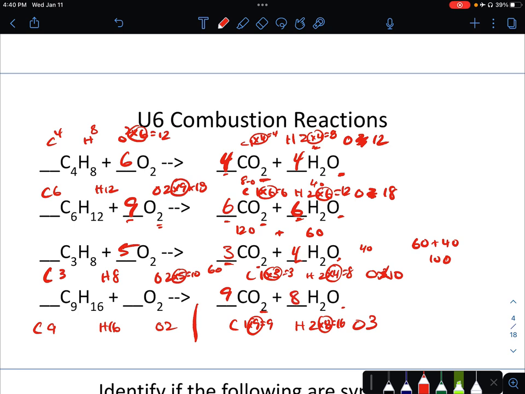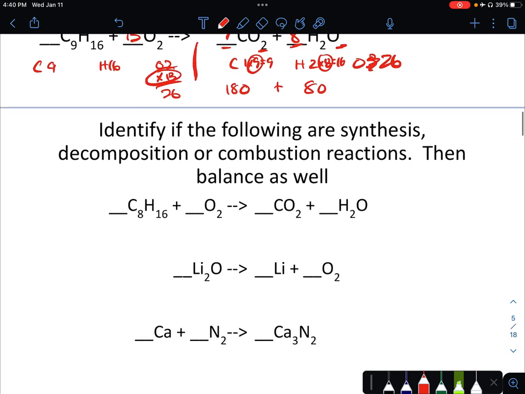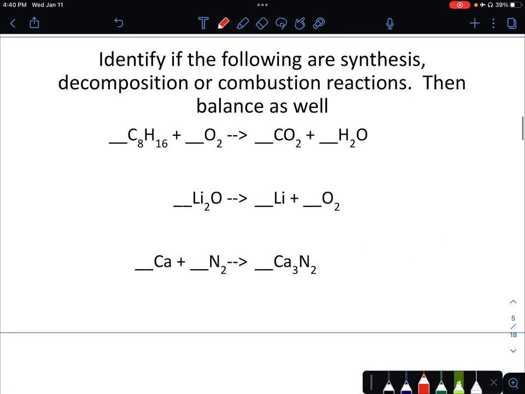Then 9 times 2 is 18 O's, and 8 times 1 is 8 O's. Add those two together, I get 26 O's. Holy cow. Times 13 gives me 26, so put that 13 right in front of that O2. Boom. We are good.